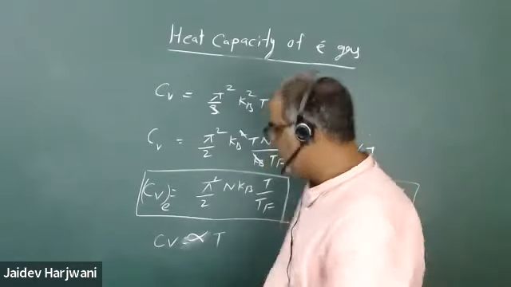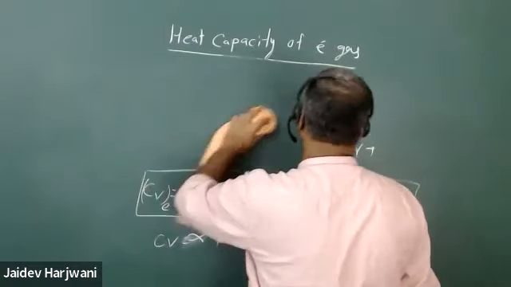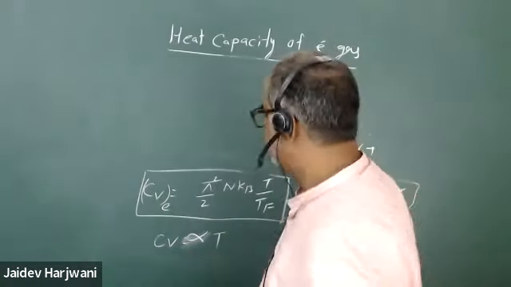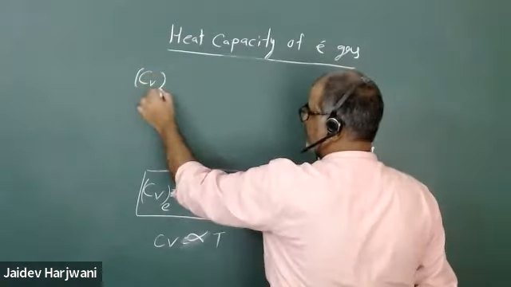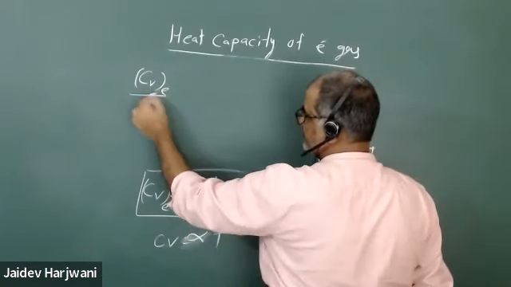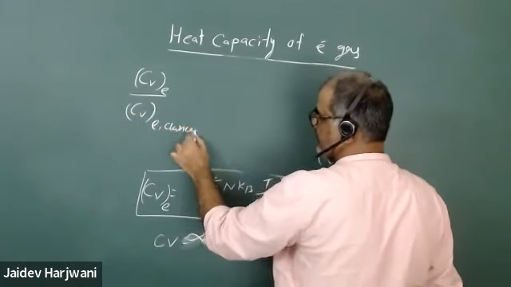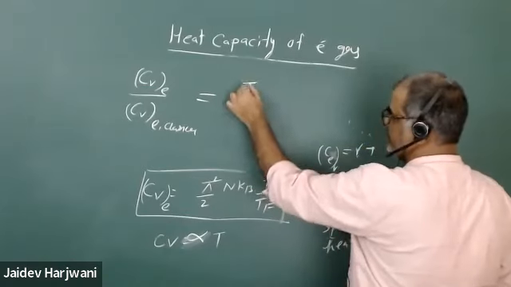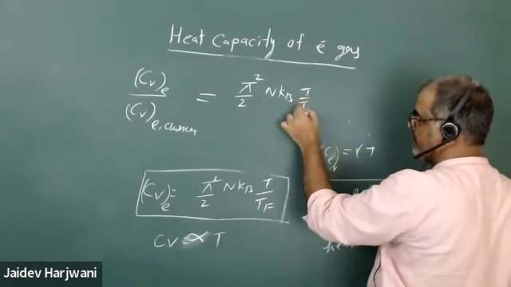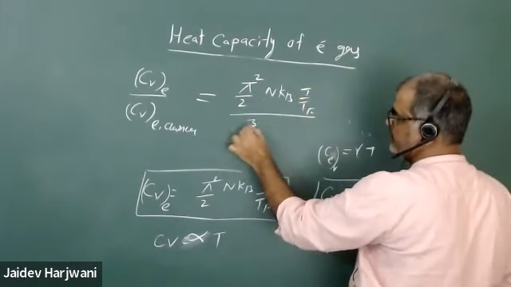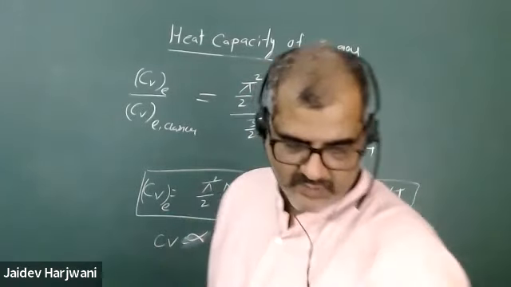Now, if I compare this specific heat with the classical value, the classical value is very high. So if I calculate the C_V electronic and compare it with the classical C_V electronic, this will come out as pi square by 2 n kb T upon TF, divided by 3 by 2 n kb, which is the specific heat classically, what we have seen earlier.